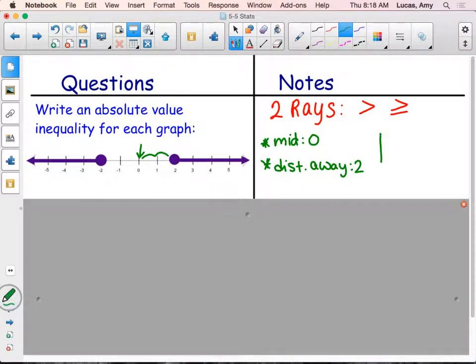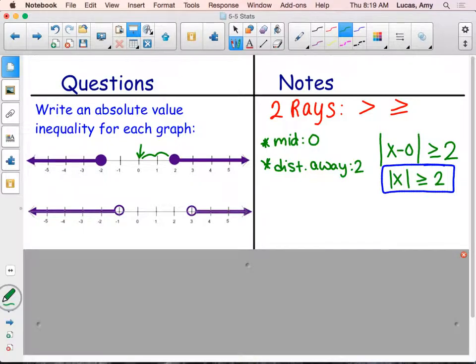So, the absolute value of x minus 0 is greater than or equal to 2. So it's 2 or more units away from 0. So I can simplify this one because the distance away from 0, x minus 0, is just x.